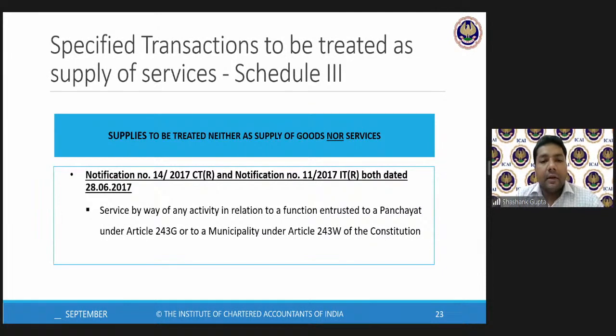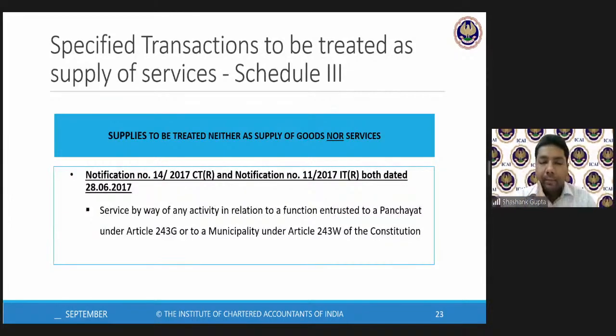services by way of any activity in relation to a function entrusted to a panchayat under Article 243G or to a municipality under Article 243W of the Constitution. So basically, municipality or panchayat undertaking functions which are entrusted to them under the Constitution.